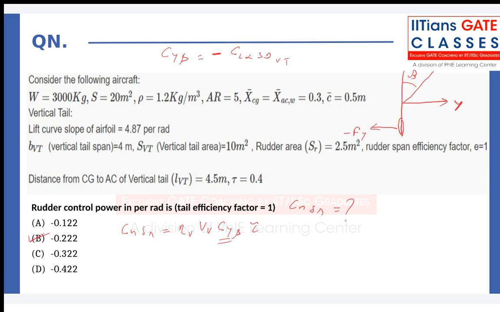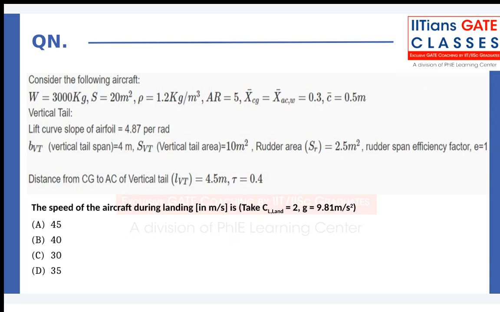Just substitute the values directly into this equation and you will get minus 0.22. Alright, let's go to the next question. The speed of the aircraft during landing in meters per second, take CL landing to be 2 and g to be 9.81 meters per second squared. This again should be very straightforward. What is the speed during landing?